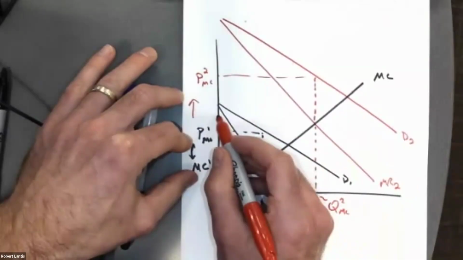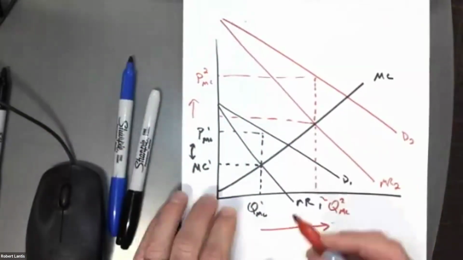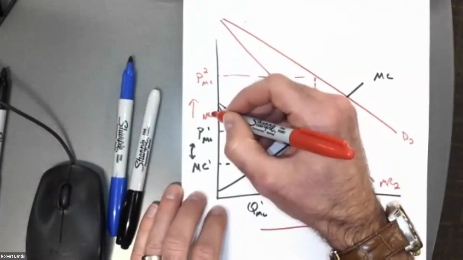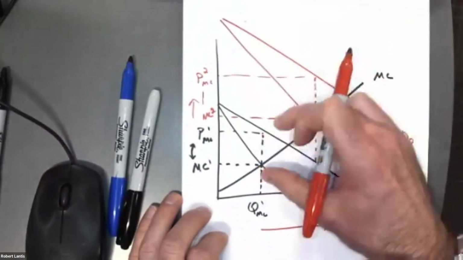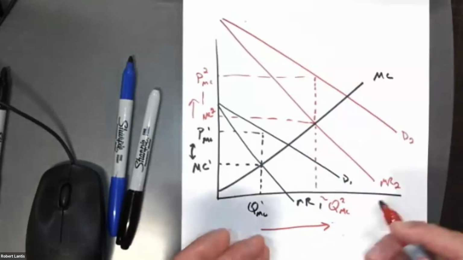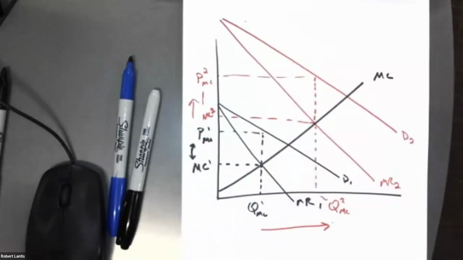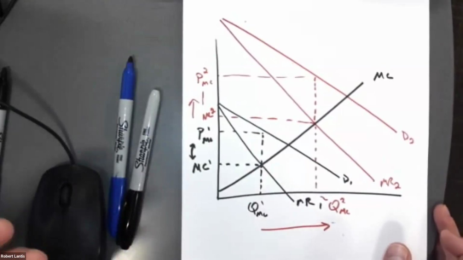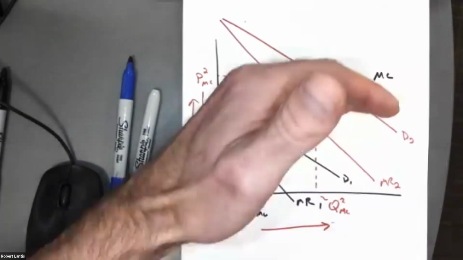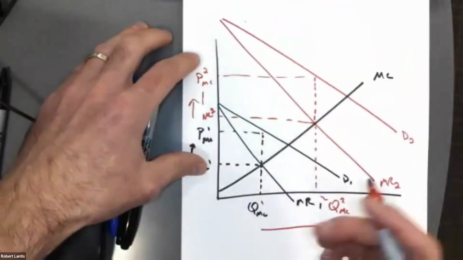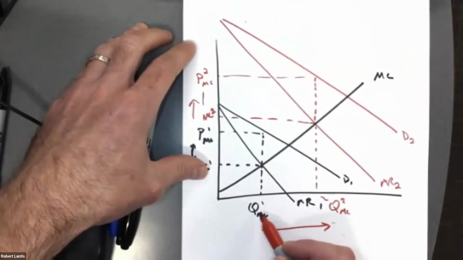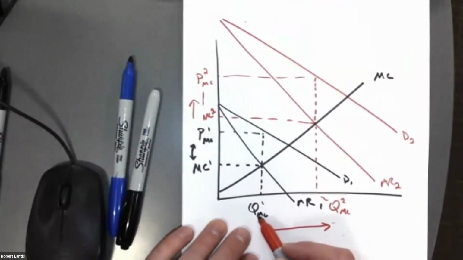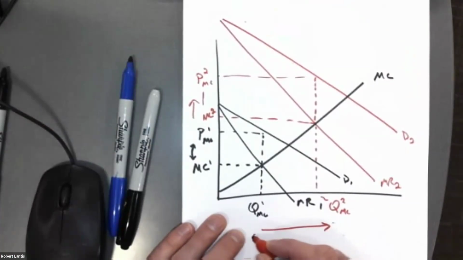And then notice what's happening to that gap in between price and marginal cost. Might be harder to see, but that gap should be getting larger. The reason why is because if I think about the difference between my demand and marginal revenue curve, if the slope is still the same, at higher quantities, the gap is always going to be larger. So let's say I had a quantity of, I don't know, 5.